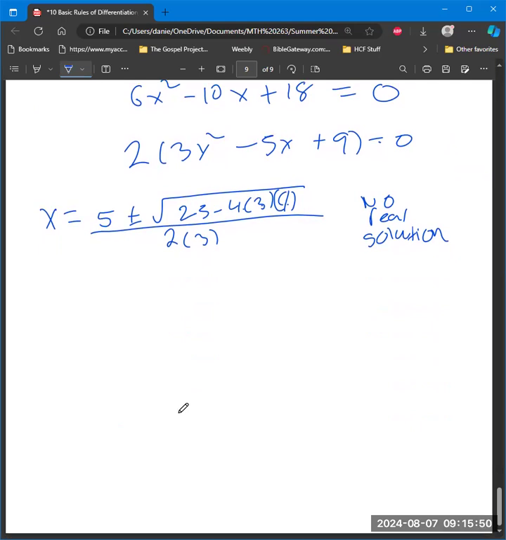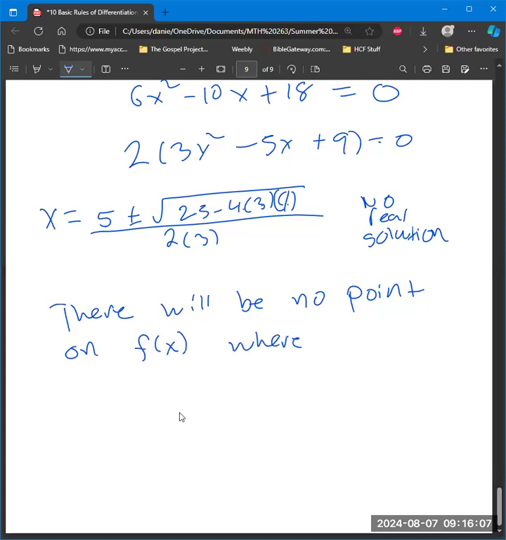So that's what this tells me. All right, so there will be no point on f of x where f prime of x equals 6 ever.